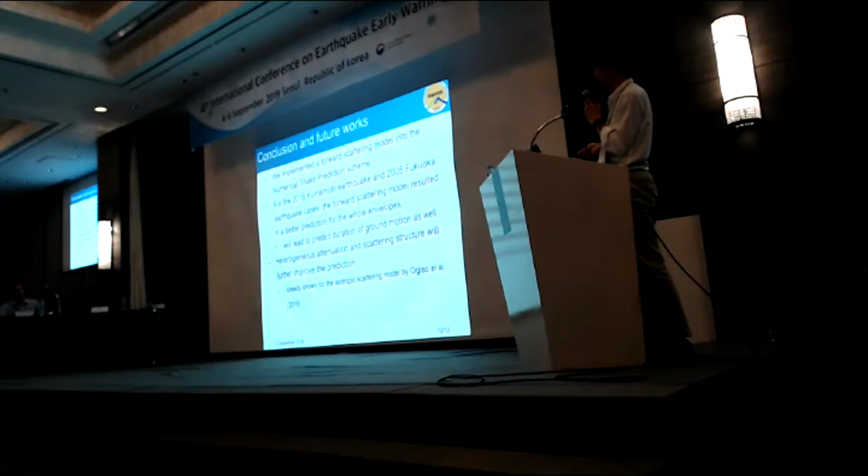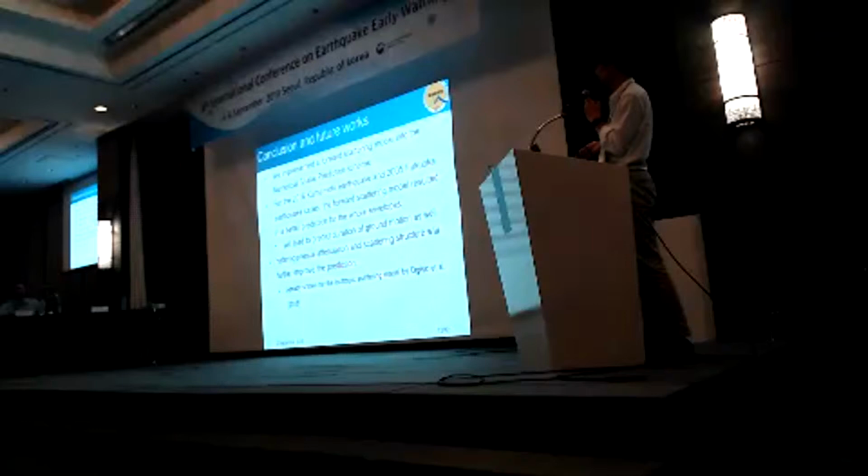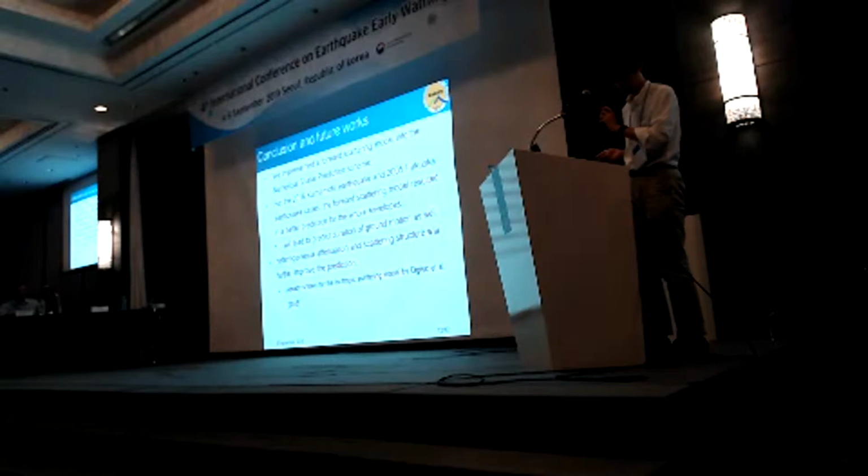And we expect that the heterogeneous attenuation scattering structure in the forward scattering model will further improve the prediction. So we are trying to estimate the heterogeneous attenuation scattering structure based on the forward scattering model. Thank you very much.